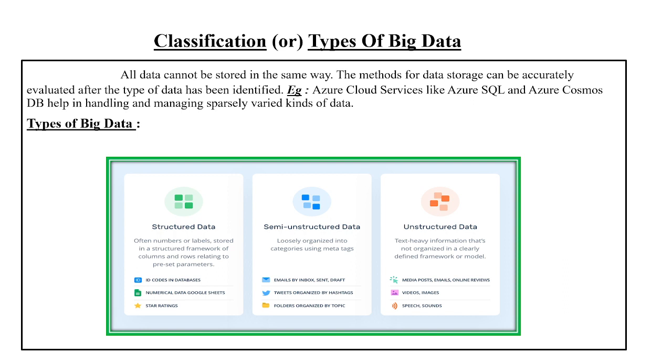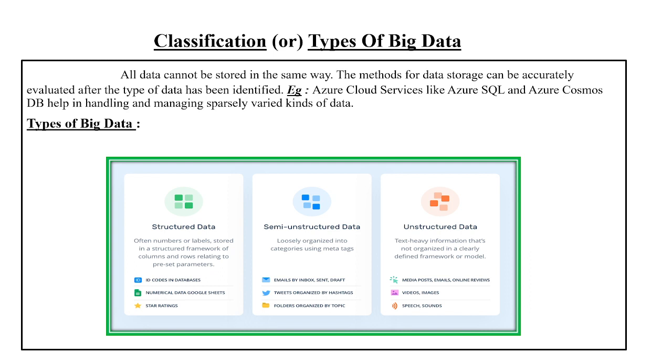The data that we consider as big data in the real-time environment comes in three different formats. One, structured data. Two, semi-structured data. And third one is unstructured data.